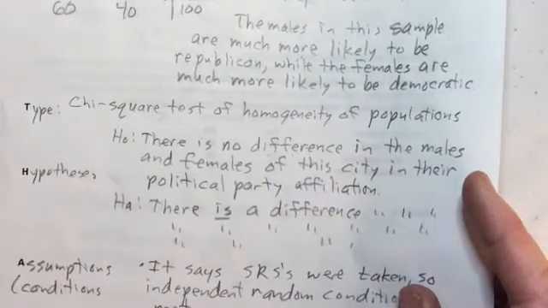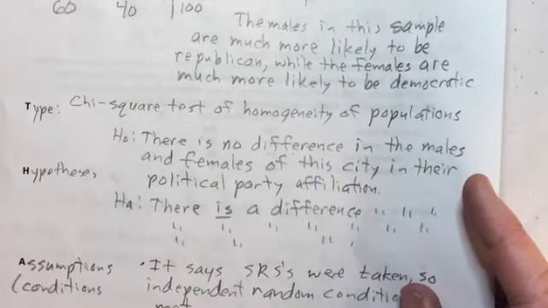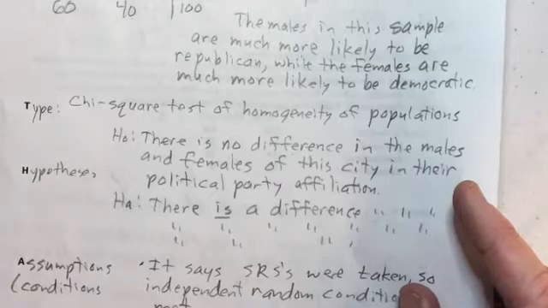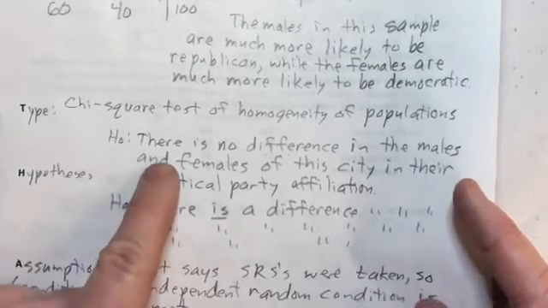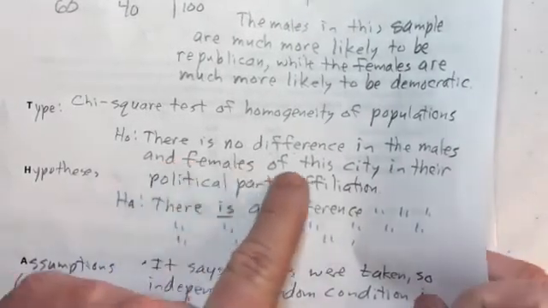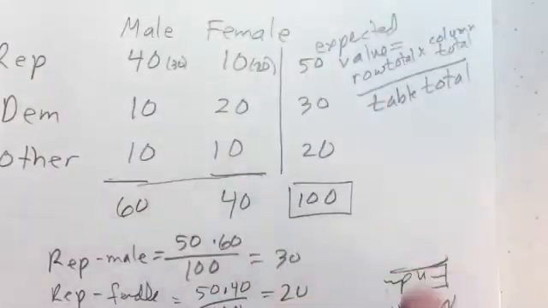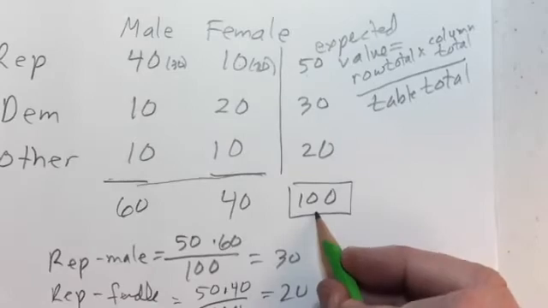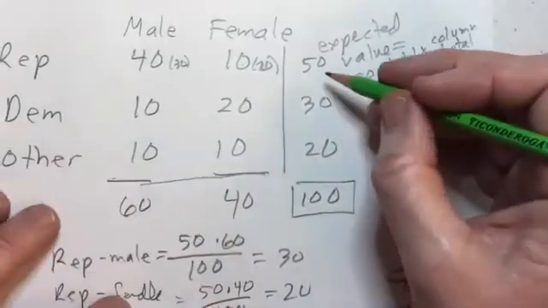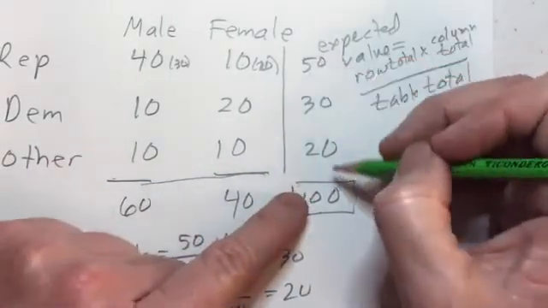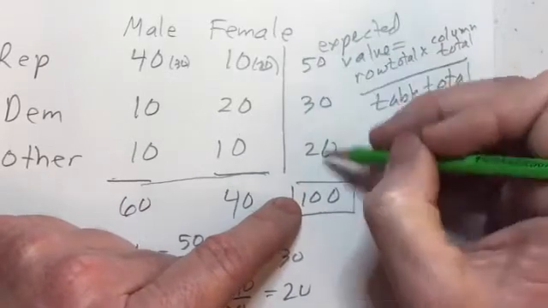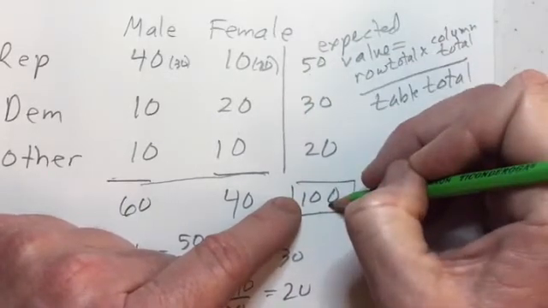If we look at the sample values and say, hey, if the null is true, what's the probability I get sample values this unusual? Let's assume the null is true. If there really is no difference in the males and females in regards to political party affiliation, what would this look like if we looked at 100 people? Well, when you look at, first of all, the Republicans, when you look at the total, 50% of all the people here are Republican.